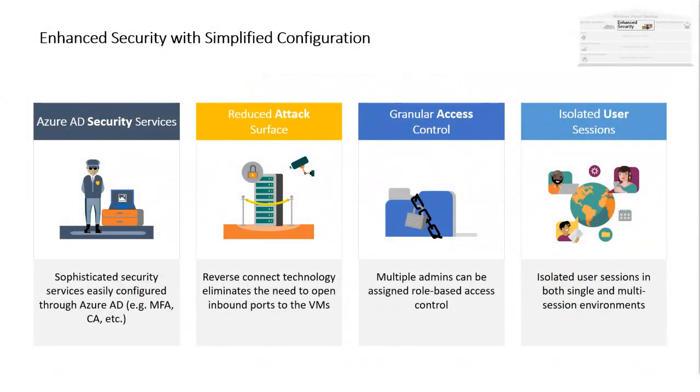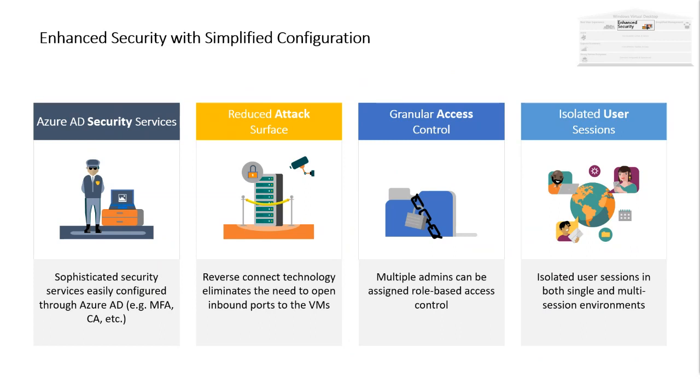Then we look at the enhanced security advantages that you get out of Windows Virtual Desktop. By putting Windows 10 on Azure, you're benefiting from all of the investment that Microsoft has put into the likes of the Azure Security Center, and all of the other Azure security services like Azure AD and role-based access control. With Azure AD, we talk about MFA, CA, RBAC.